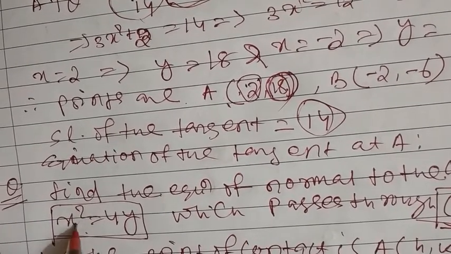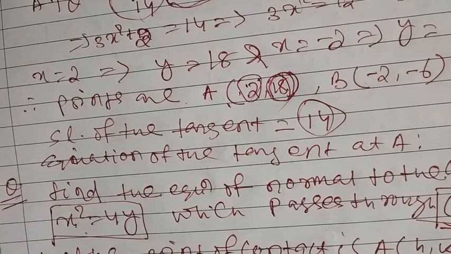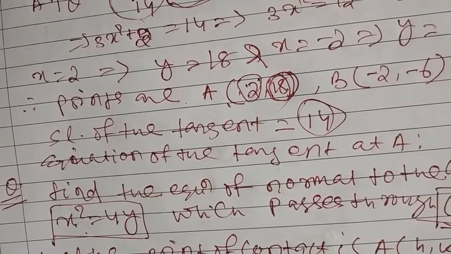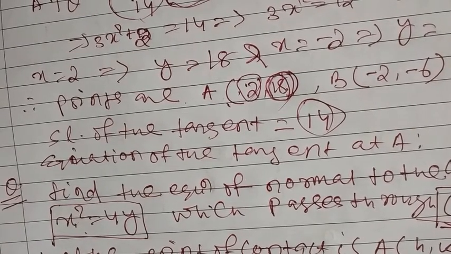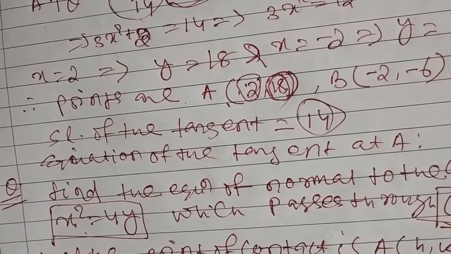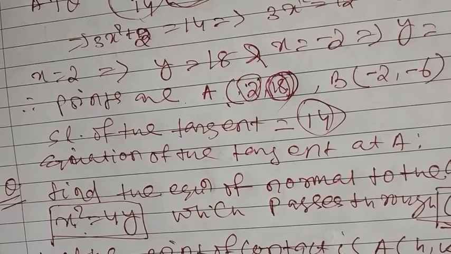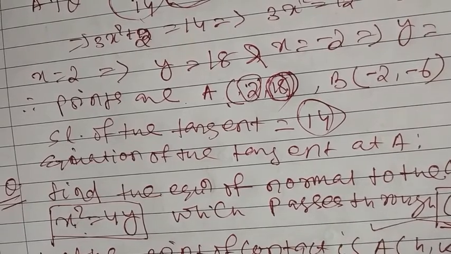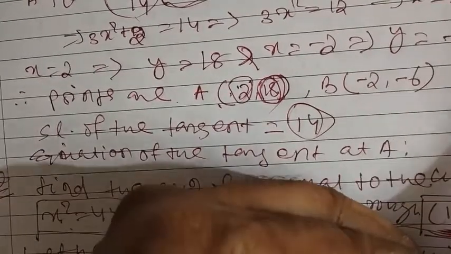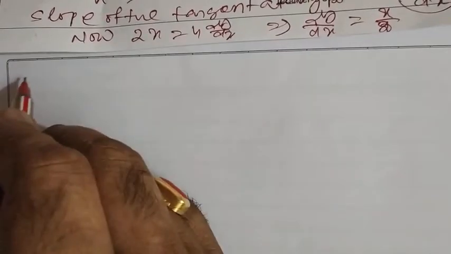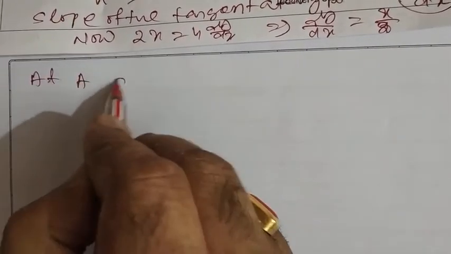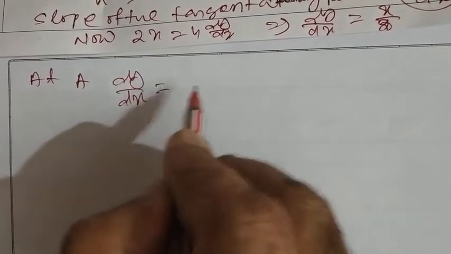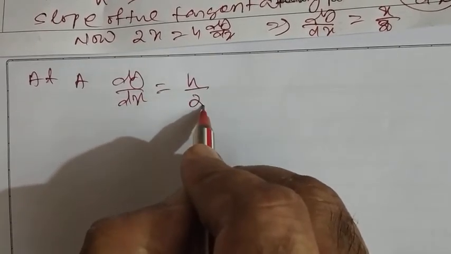What is dy by dx? We will have to differentiate. Now 2x equal to 4 dy by dx. Then what is dy by dx? x by 2 or not? Okay. Now at the point of contact A, dy by dx is h by 2.